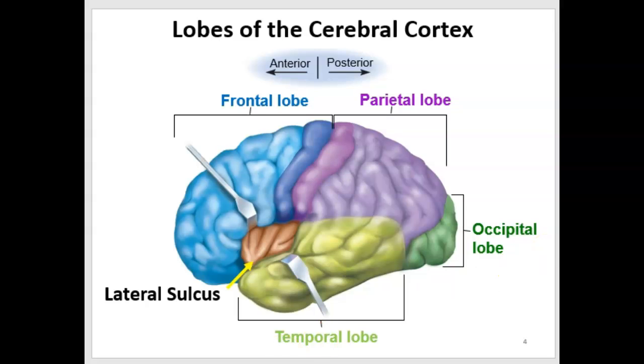Notice how the temporal lobe and the frontal lobe have been pulled apart to expose an additional region of the cerebral cortex. This is called the insular cortex.